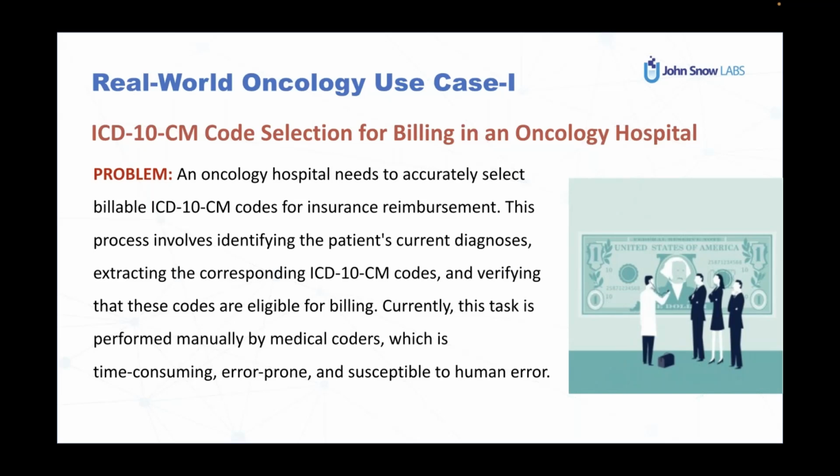Like some diseases can be mapped to billable codes and also the non-billable ones. Okay, so choosing them by people, by humans actually, is really error prone and susceptible to human error, and a really time consuming task, right?